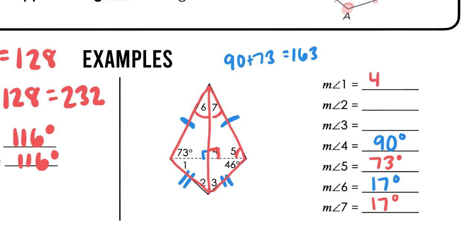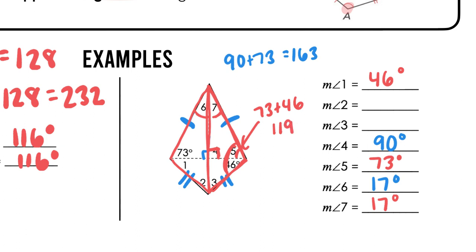What do we have left? Angle 2 and angle 3. Okay, there's probably more than one way of getting these, but one way would just be to use how many degrees we have left over in this triangle. So I know that this whole angle right here is 73 plus 46, which is 119.